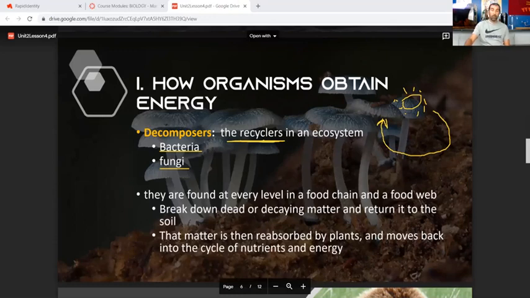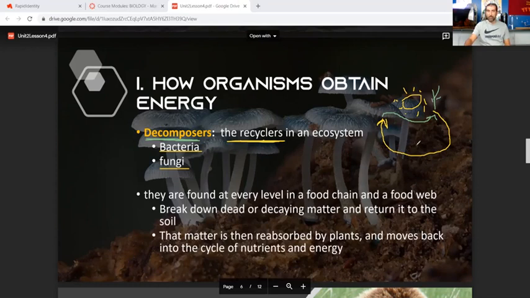Plants die, herbivores die, carnivores die, omnivores die. So what happens if there's nothing that recycles it, that gets the nutrients back to the soil? Well, it just lays on top of the soil, right? There's nothing to dissolve it, to break it down. So what these decomposers will do is they will break it down so that those nutrients can get back to a plant, right? There's your little plant.